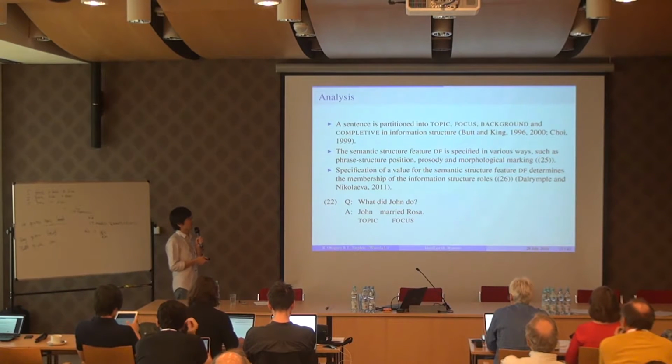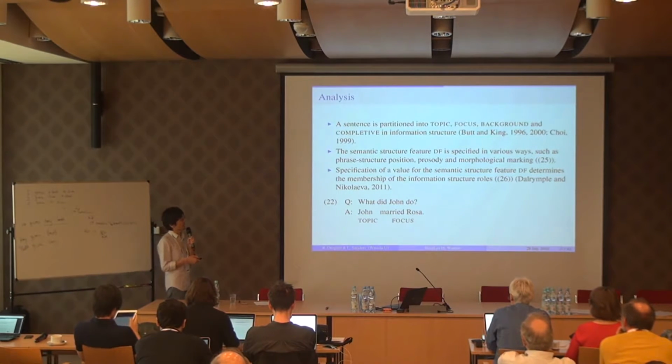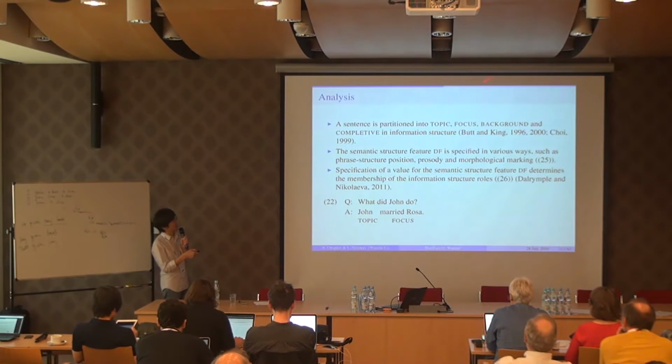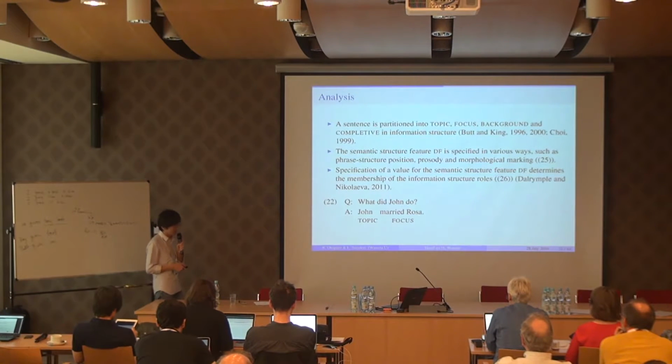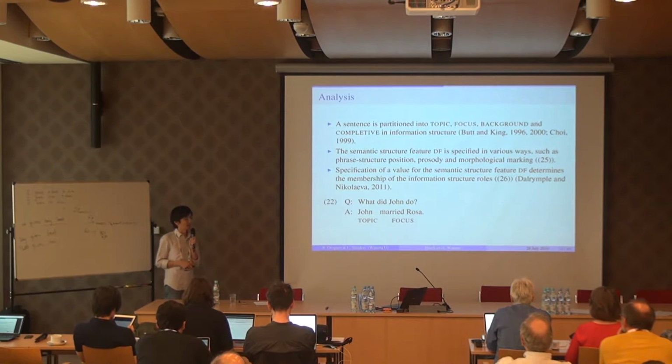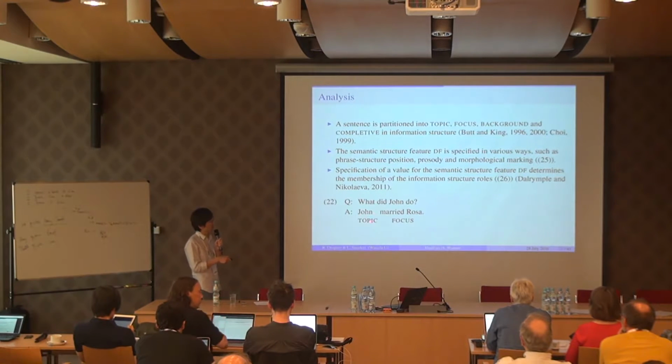And then once DF is specified, we can decide the membership of the topic, focus, background and completive information in information structure. So let me give you one simple example taken from Nikolaeva's book. Suppose we have a context like, what did John do? So this is a question, and the answer must be like, John married Rosa. In this answer, John is a topic, and married Rosa is a focus.